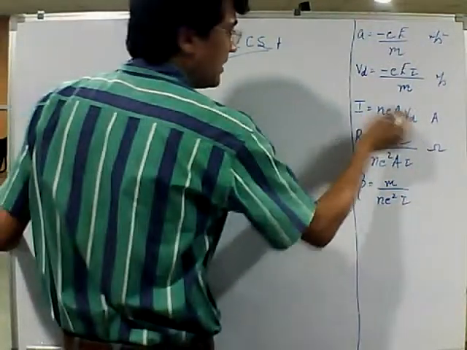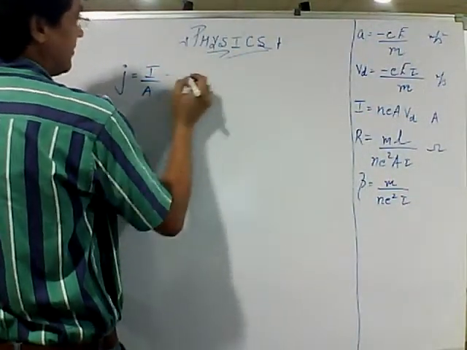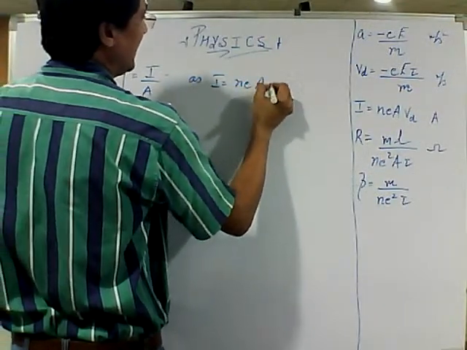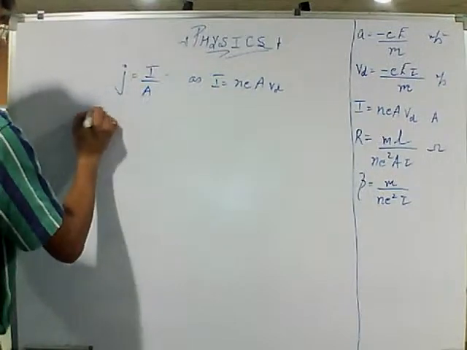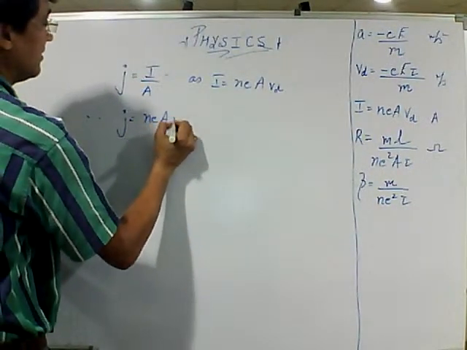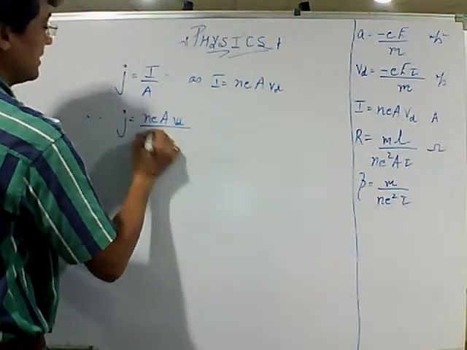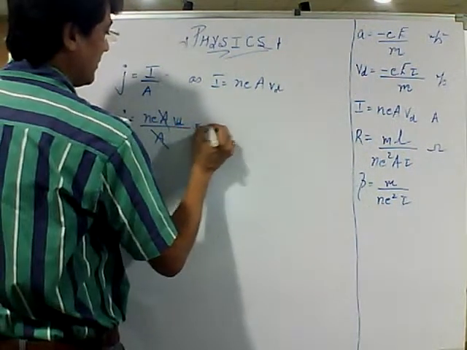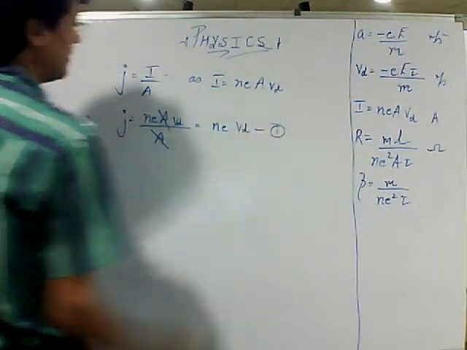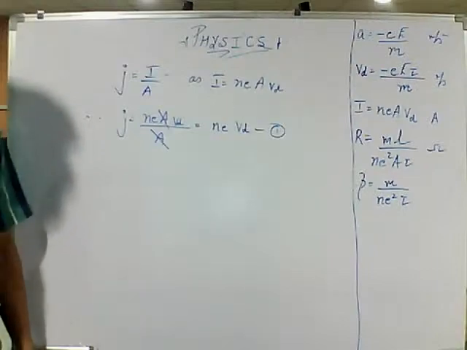What do we have for I from here? I is given as n e A into drift velocity. So I'll have therefore current density as n e A drift velocity divided by area. Area gets removed. So I am left with n e v_d, the drift velocity. Now you very well know what drift velocity v_d is.